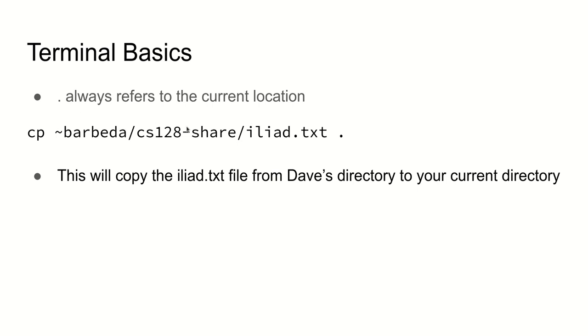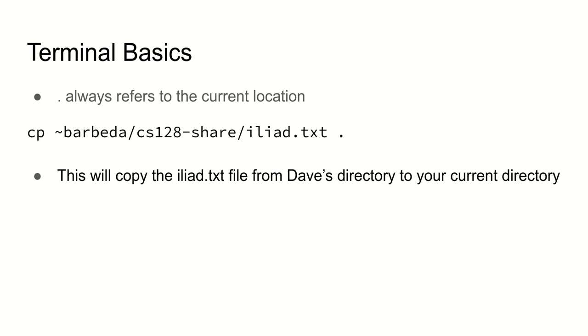So there are multiple pieces to this one, and that's why it's so long. But it's telling it where do we want to get the file from to copy it, and then where do we want that copy to live? Where do we want that copy to go? And here in this example, we are saying we would like it to go here, our current directory.